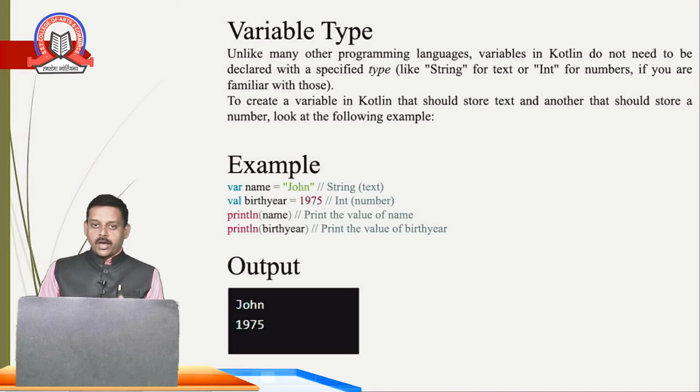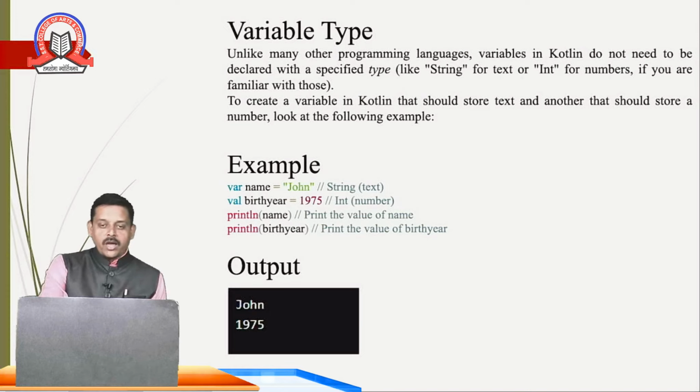Like I recently said, by using the var and val keywords, we can directly assign the value. For example, in this example, we have assigned the values John and 1975 to the variables name and birth year with the help of var and val keywords. As you can see on your screen, we have created one program having the value John for the name and 1975 for the birth year, and we are printing the values, so we get the output John and 1975.